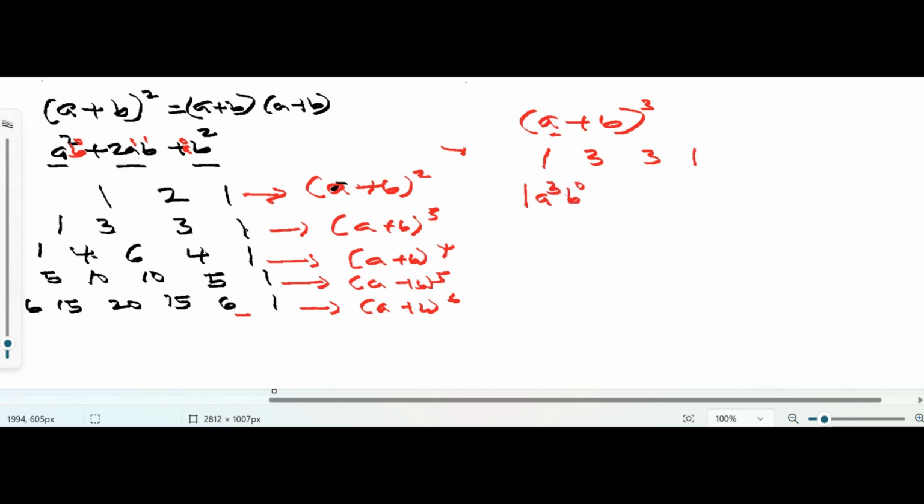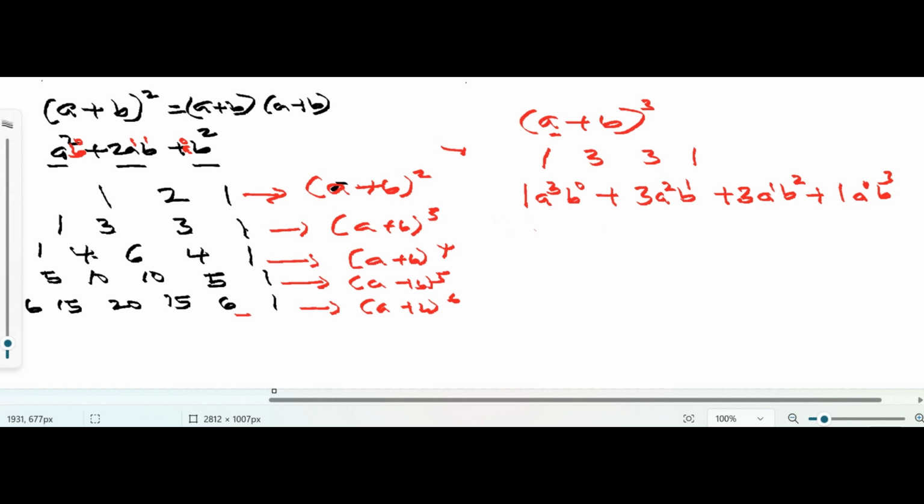As a is decreasing, b is increasing, plus I pick the second one, 3a raised to power 2, b raised to power 1. A has started decreasing. I pick the next coefficient, 3, a raised to power 1, b raised to power 2. Then I'll pick the last one, which is 1, a raised to power 0, b raised to power 3.